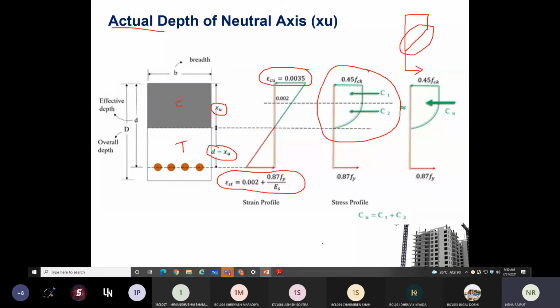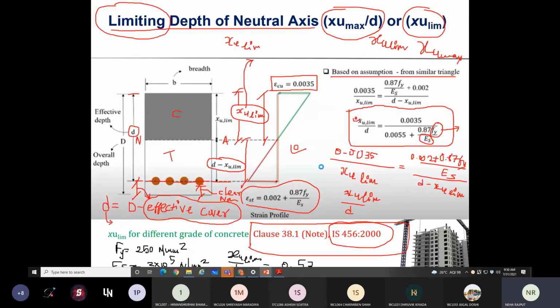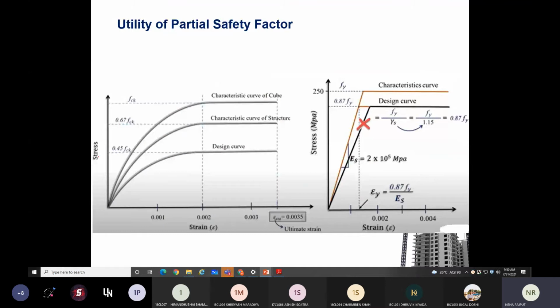Right. Now you need to draw the stress profile. How to draw the stress profile? As I explained, this is the stress strain curve for concrete. For 0 to 0.002 strain, the stress is a parabola. डिजाइन स्ट्रेस दिखना है हमें, तो स्ट्रेस इज पैराबोला.